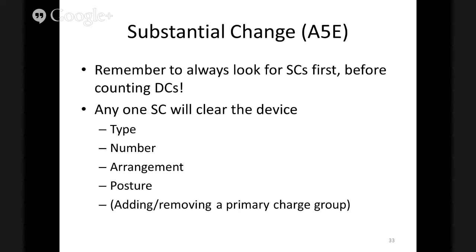Sometimes if you look at some of my commentary, I'll say we have a substantial change, but we also have three other distinct changes. It's not because I care about them, it's because I'm trying to teach somebody. But always look for them first. A lot of people say, oh, I forgot, I was counting DCs and I forgot about substantial changes. I'd rather you did it the other way around. Forget about DCs. Worry about the substantial changes.